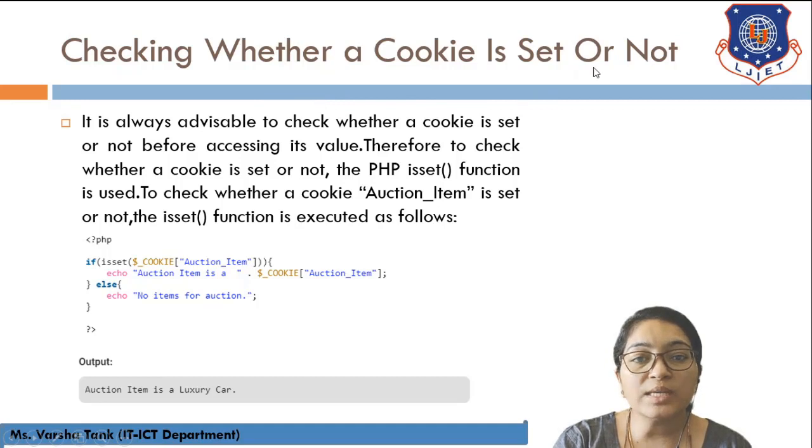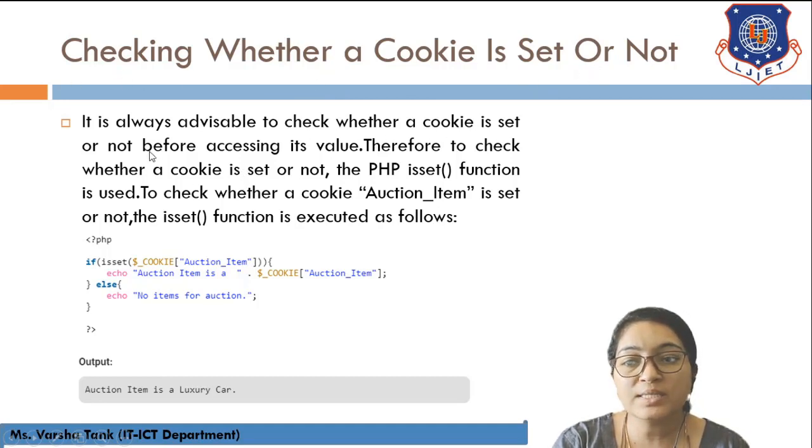Checking whether the cookie is set or not. It is always advisable to check whether a cookie is set or not before accessing its value. Therefore, to check whether a cookie is set or not, the PHP isset function is used. Now here, how to check?